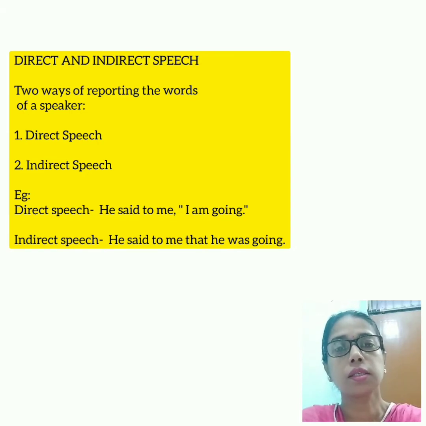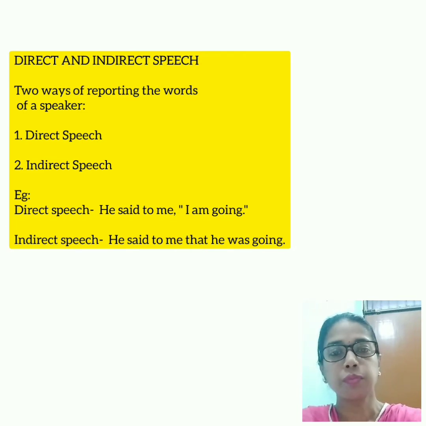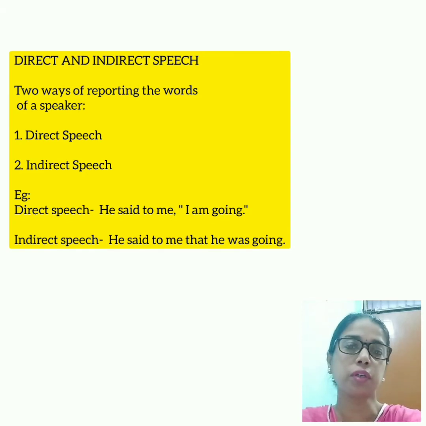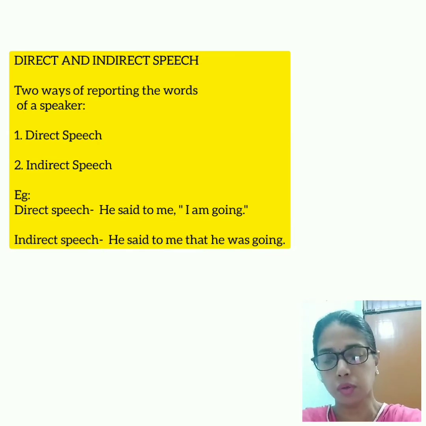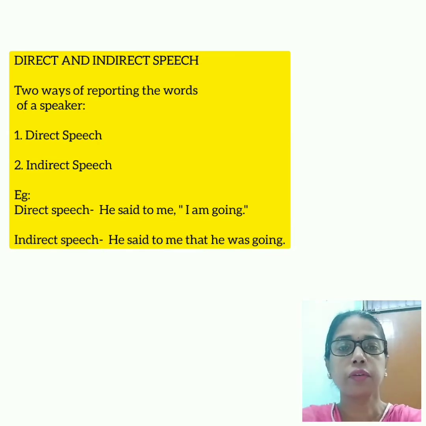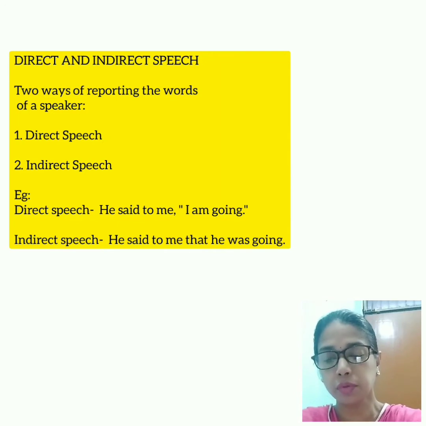Then the second is indirect speech, and in this we may report what the speaker said without quoting the exact words. Now the reporting portion is the principal clause, and the actual speech of the reported speech is the subordinate noun clause. For example, he said to me, I am going.